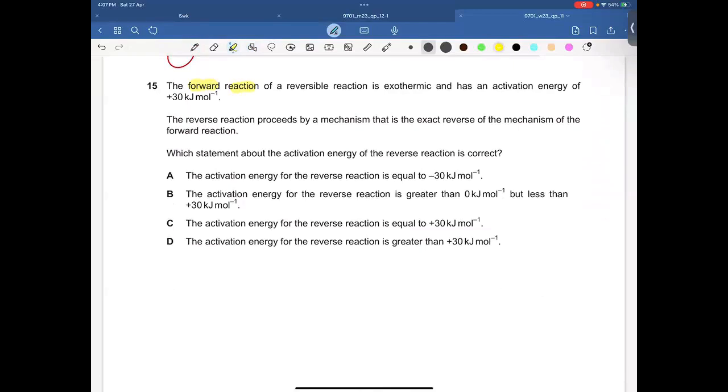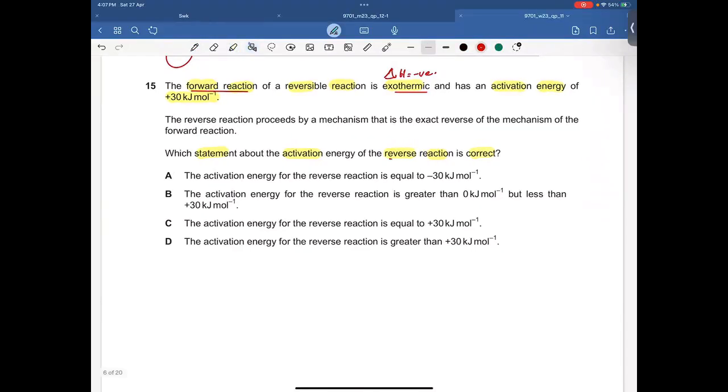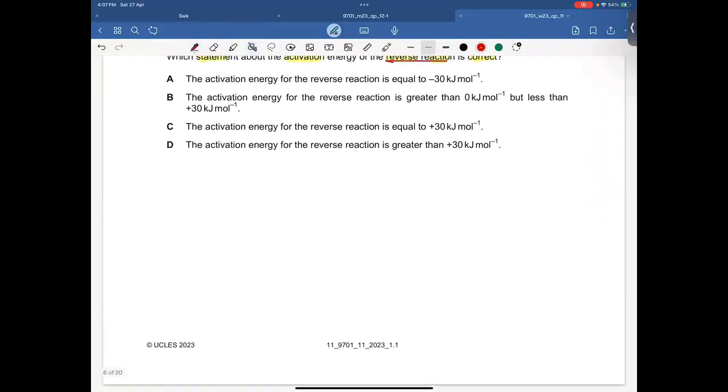The forward reaction of a reversible reaction is exothermic, which means delta H is negative. It has an activation energy of plus 330 kilojoule per mole. Which statement about the activation energy of the reverse reaction is correct? Reverse reaction. Okay.